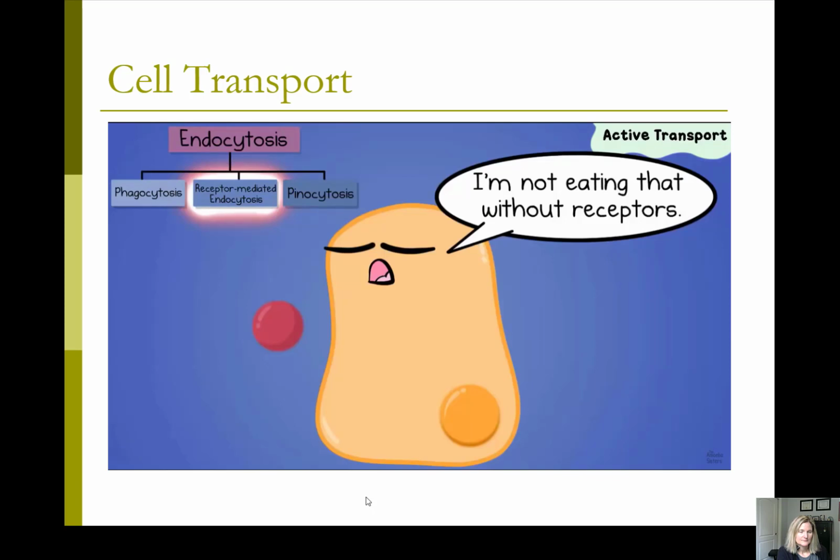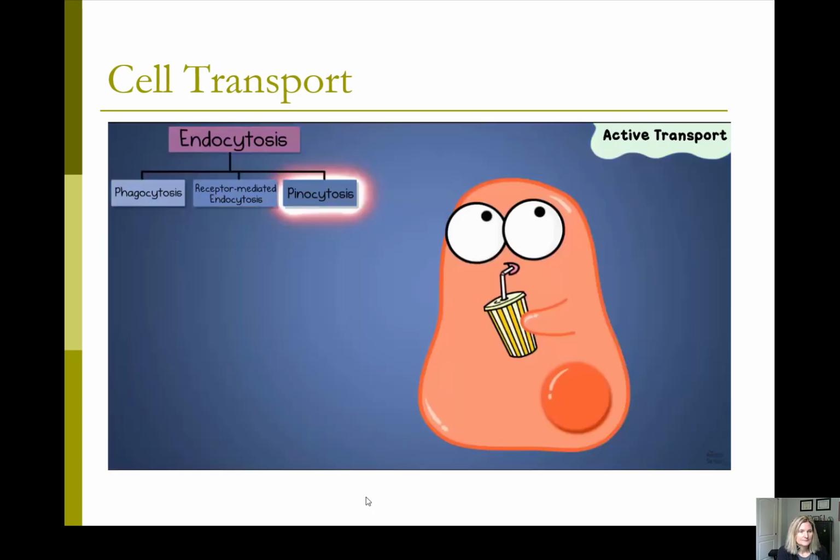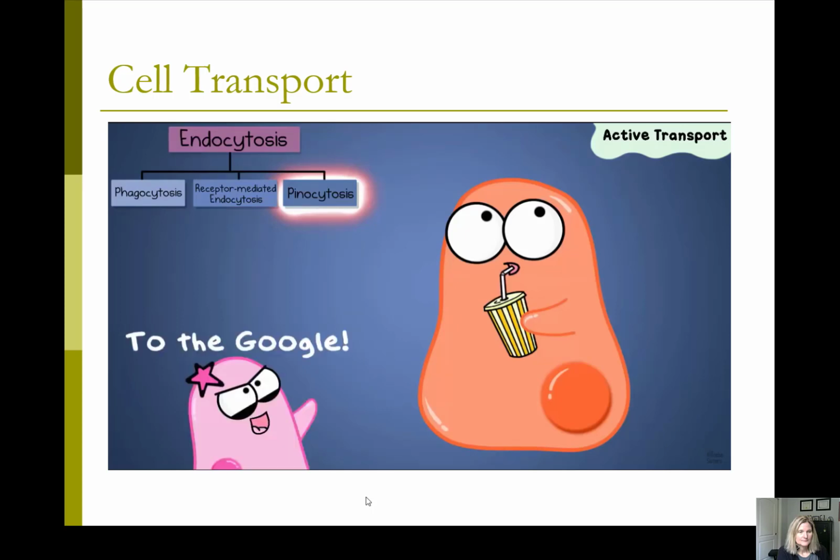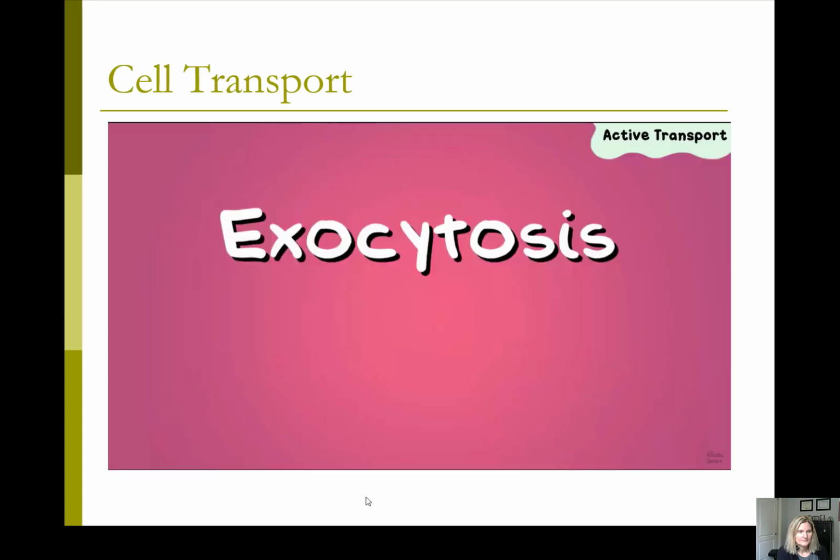This is where cells can be very, very picky on what's coming in because the incoming substances actually have to bind to receptors to even get in. Or pinocytosis, which allows cells to take in fluids. So go to Google to find out more details of the different types of endocytosis.